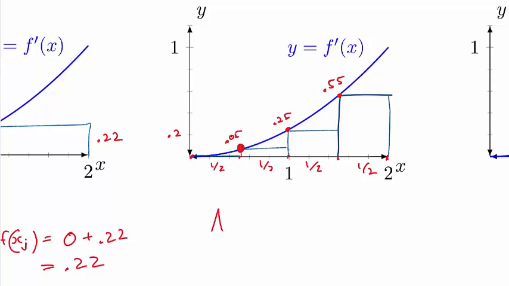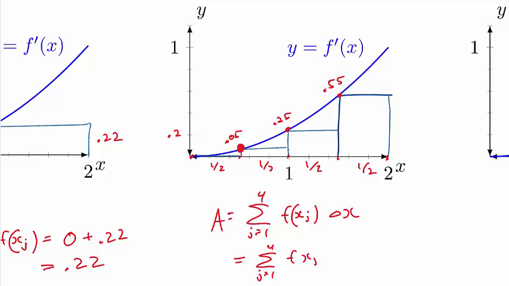And so when you go to calculate the total area, it is the sum from j equals 1 to the fourth partition of f of xj times delta x. And so it becomes this right here.